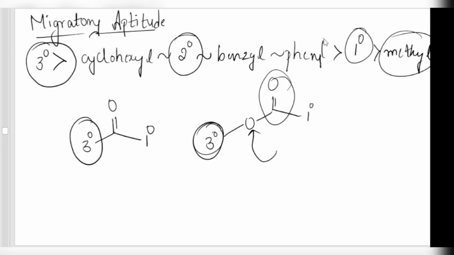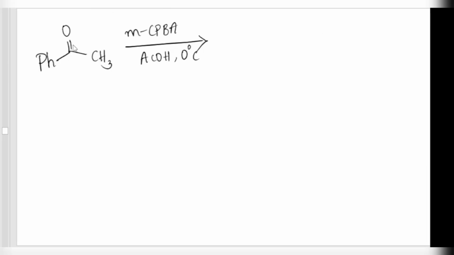We already observed that the phenyl group will show a maximum migratory aptitude compared to a methyl group. That's why the oxygen will get inserted over here.